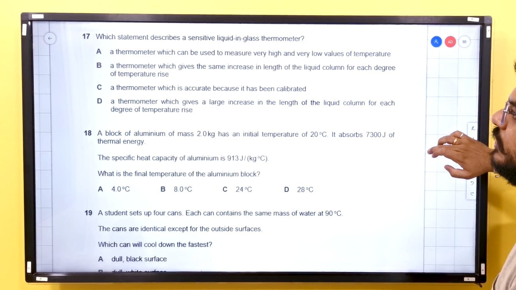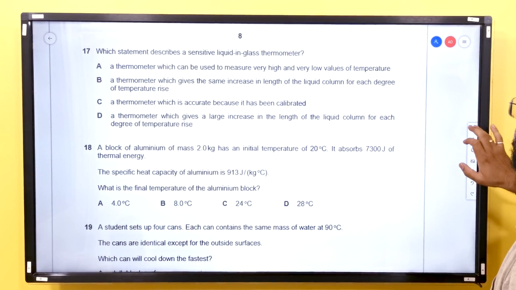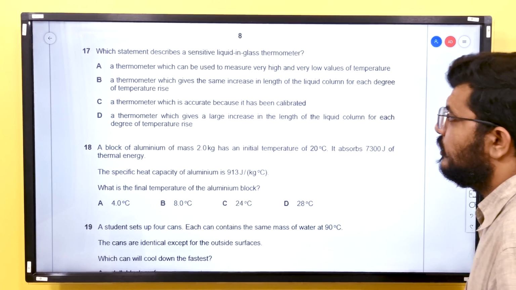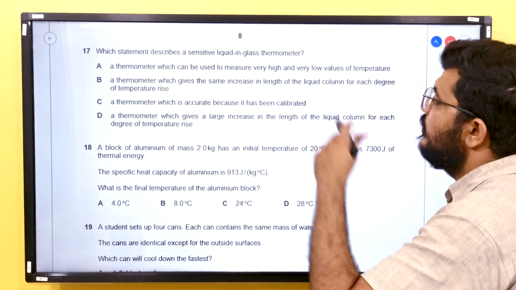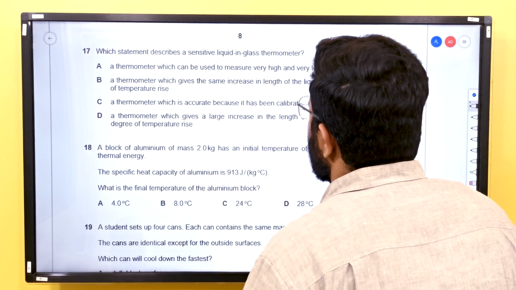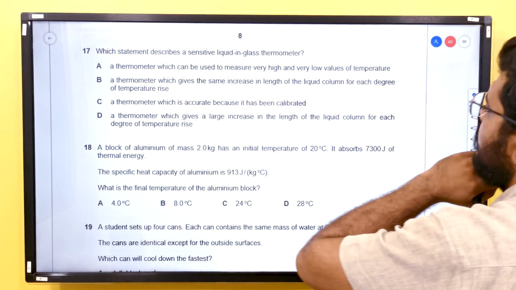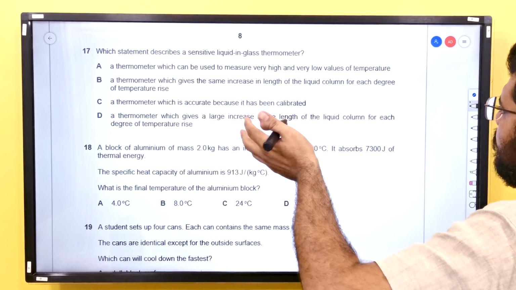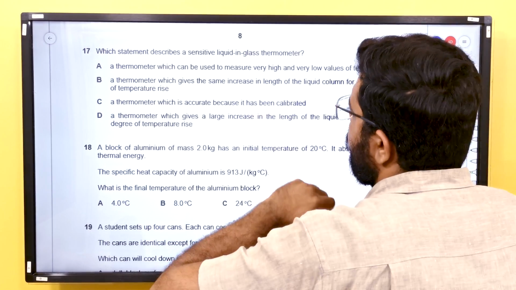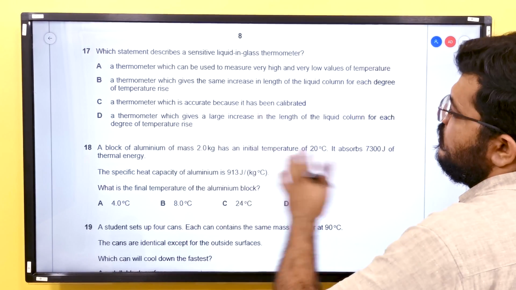Question 17. Which statement describes a sensitive liquid-in-glass thermometer? The one that shows very high fluctuation for a very small change in temperature. A thermometer which can be used to measure very high and very low values of temperature? No, because with increased sensitivity the range will decrease.